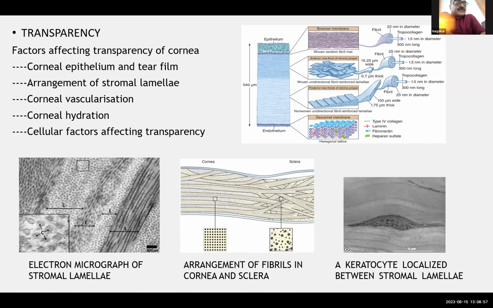Chaiti, can you tell me two points of clinical significance as far as corneal nerves are concerned? Yes, sir. The innervation of the corneal nerves can be compromised in case of herpes simplex keratitis, and in case of neurotrophic ulcer.